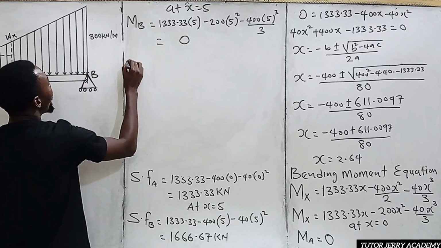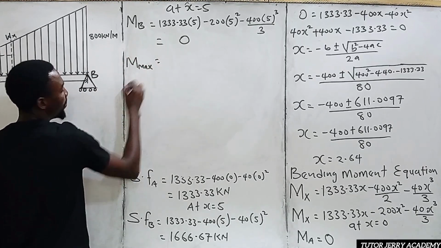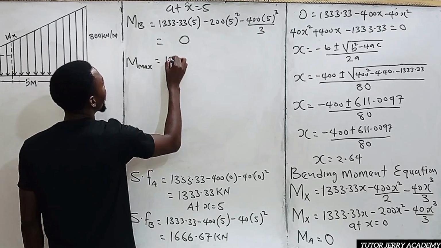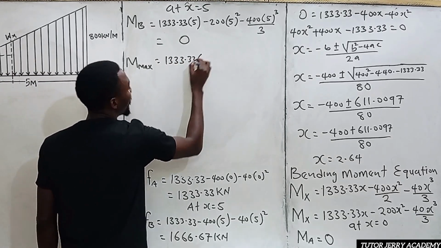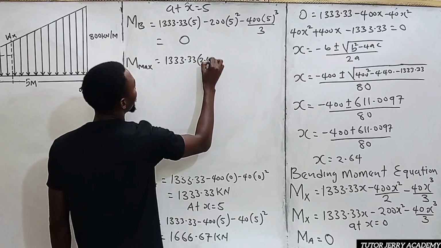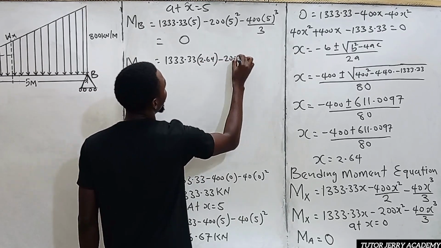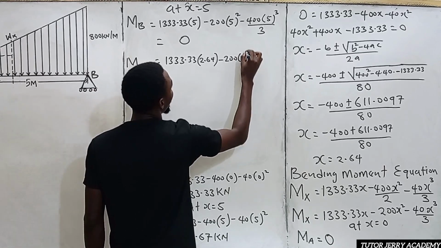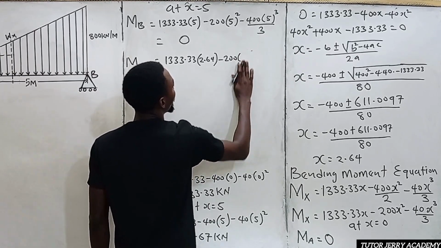So we are going to have the maximum bending moment, which is going to be equal to 1333.33 into 2.64, then minus 200 into 2.4 squared, to 2.